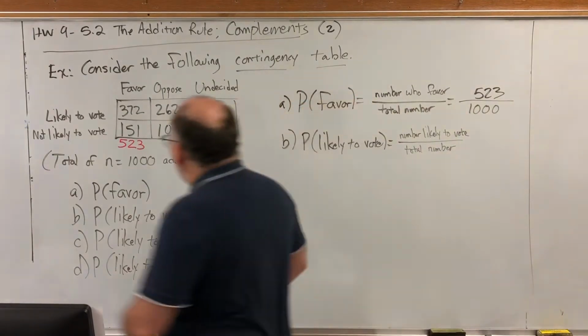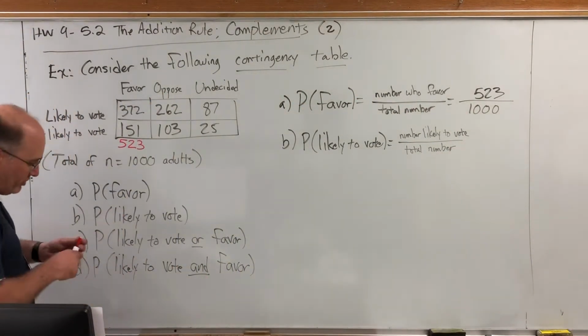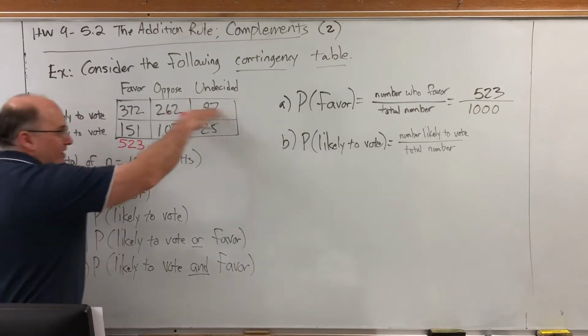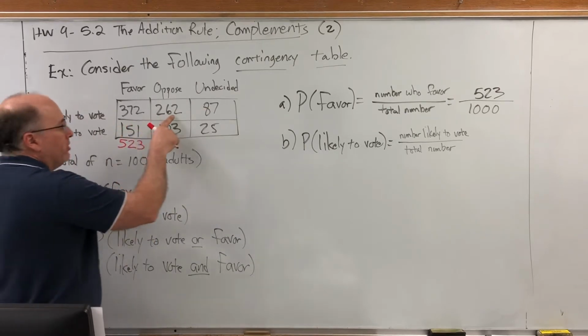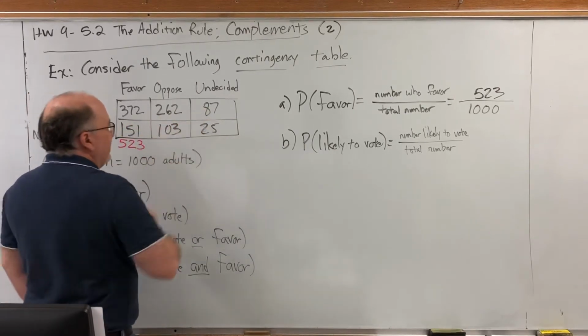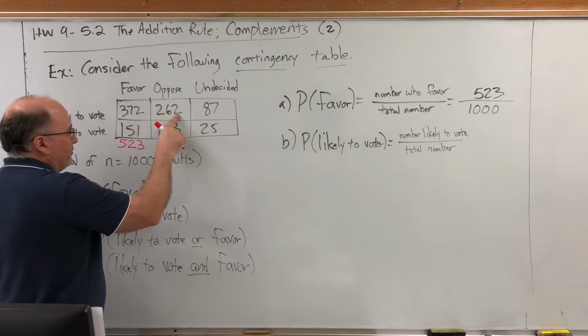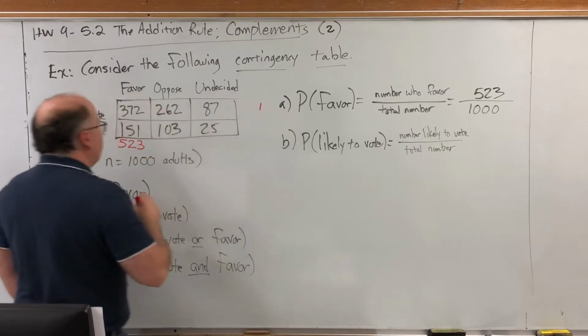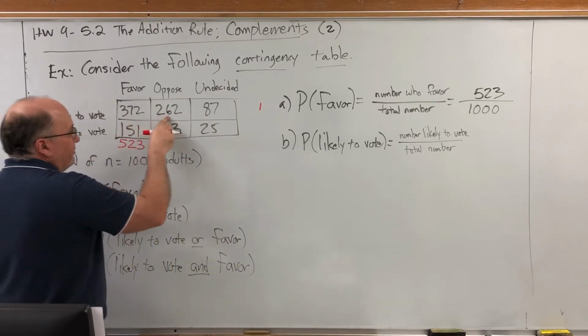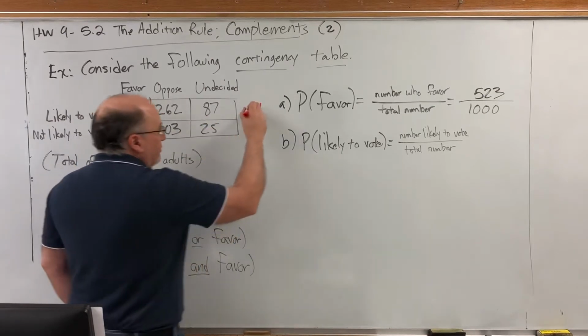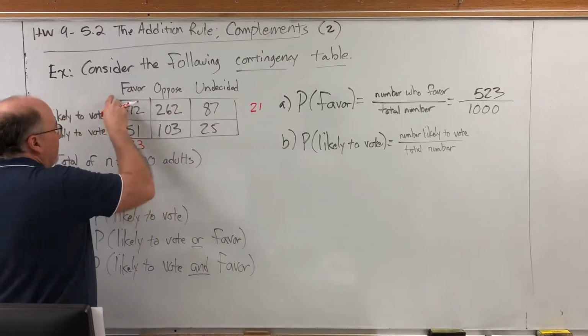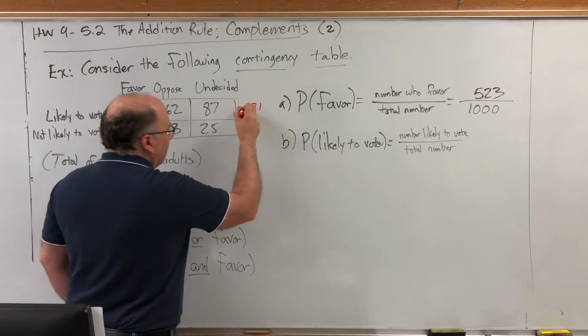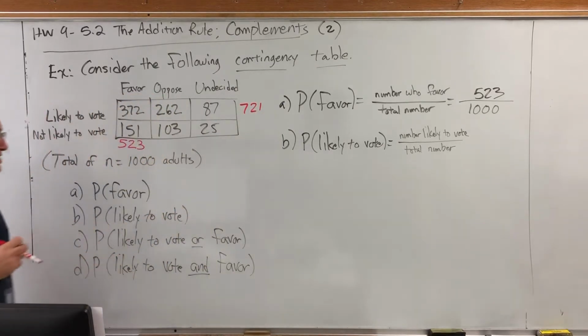Well, the first row represents everybody who's likely to vote, so we would just have to add 372, 262, and 87. 1, carry the 1, 8, 14, carry 2, 5, 6, 7. I believe it's 721, but I'm going to add them again just to make sure.